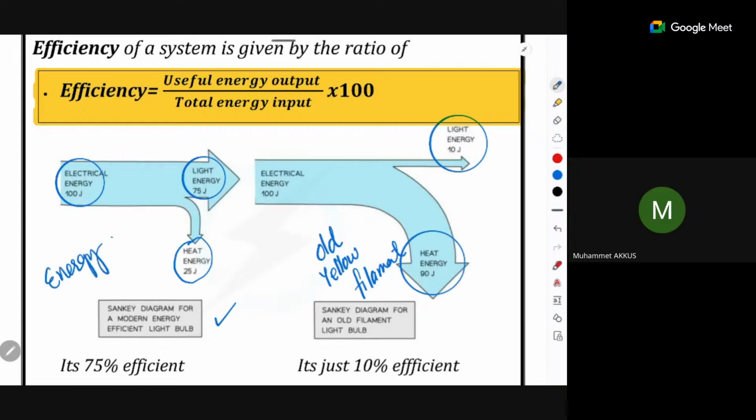That's why we call them energy savers, because they produce a lot of energy in useful output, and they waste only a small amount of energy. Okay, is it clear? Yes, sir.